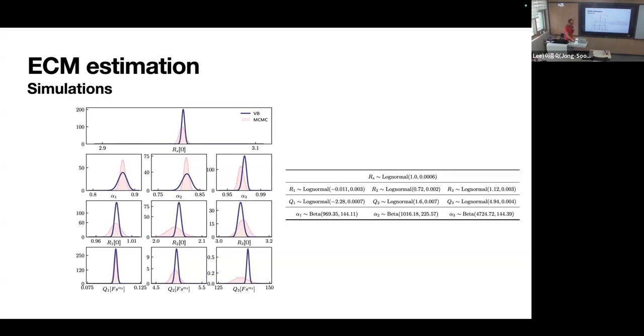So because we used all of this machinery, we said, okay, if we have a lot of time on our hands, let's do Markov chain Monte Carlo sampling, because Markov chain Monte Carlo is going to give us the actual true distributions that are in the model.